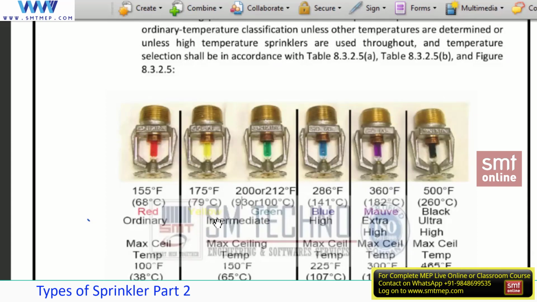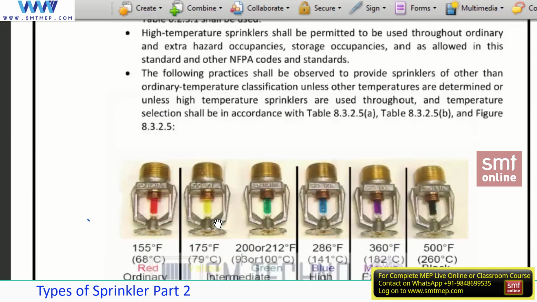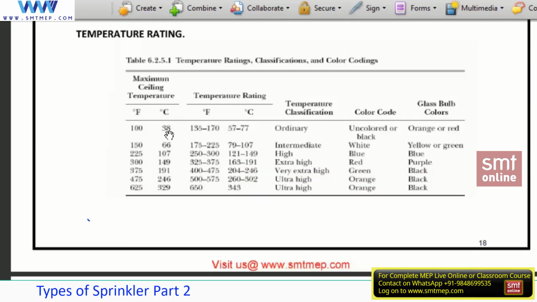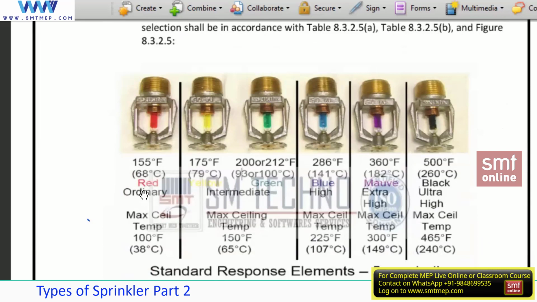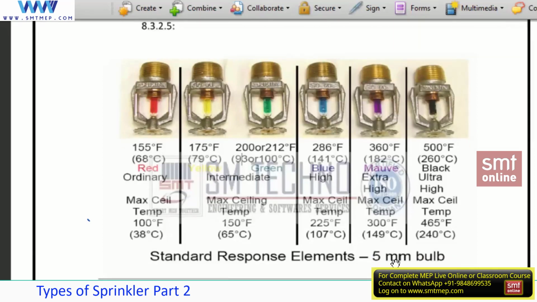What is the meaning of maximum ceiling temperature? Like a space temperature. The ceiling will also heat up, or the space. At this level, you can consider the maximum ceiling temperature like a space temperature, meaning the application temperature. Here you see red color up to 68, yellow color up to 75 degrees centigrade, green up to 100 degrees centigrade, then blue. And here you see a 5 mm bulb.